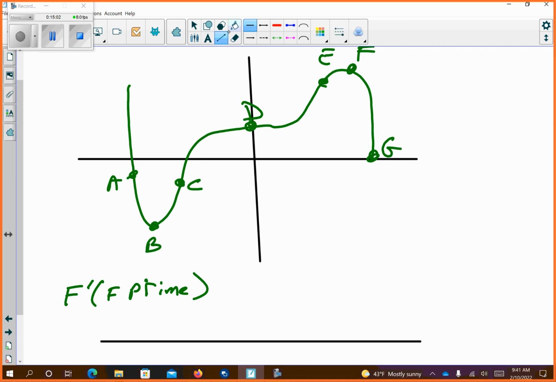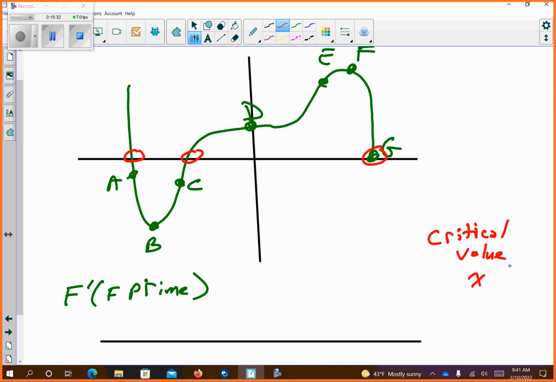Okay? So, we do have critical values, which take place here, here, and here. Those are all critical values because they touch the x-axis. So the red are called critical values, which means it's where it's crossing or touching the x-axis.